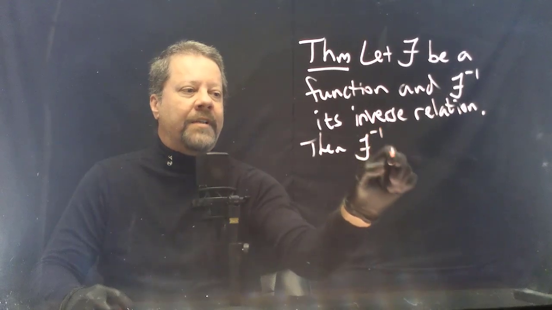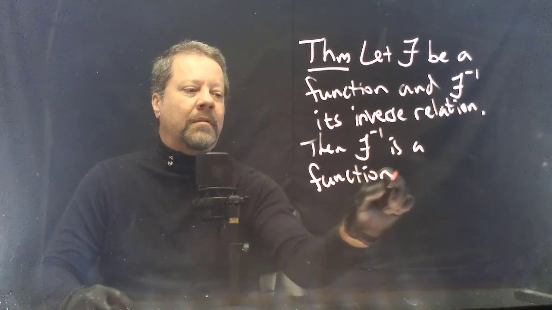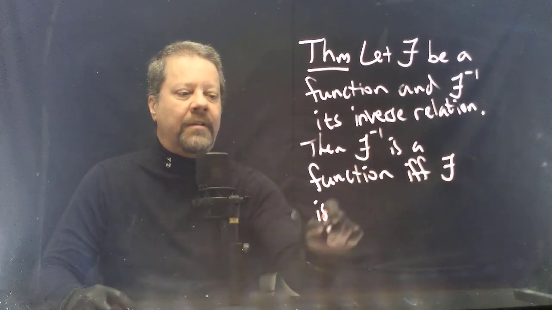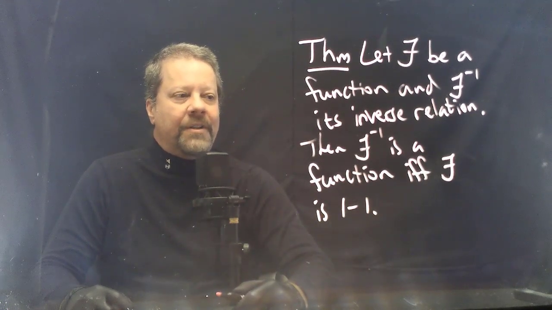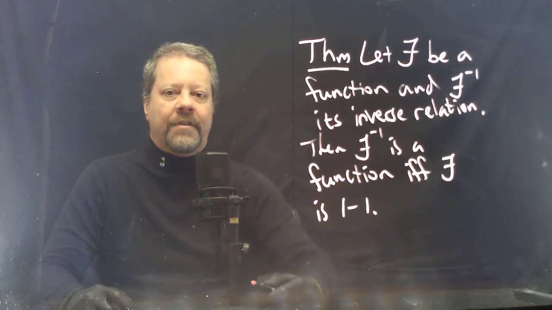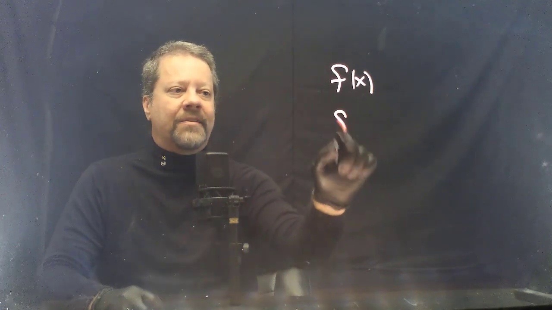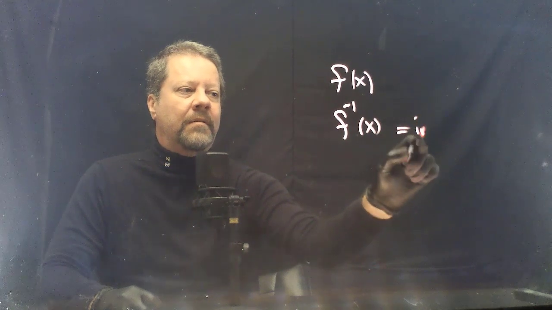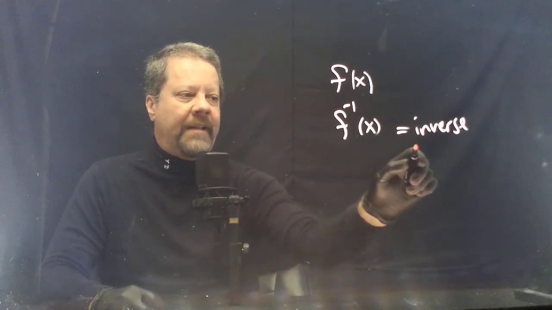Then f inverse is a function if and only if the original function is one-to-one. So only one-to-one functions will have inverse functions. So if our function is described as f of x, the inverse function will be denoted with a superscript of -1.